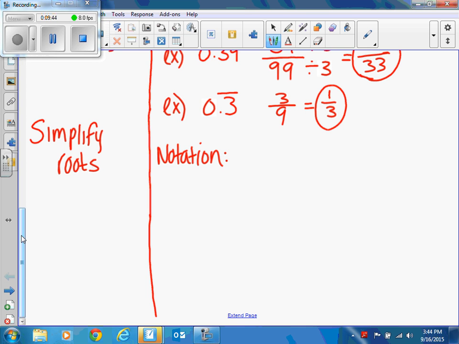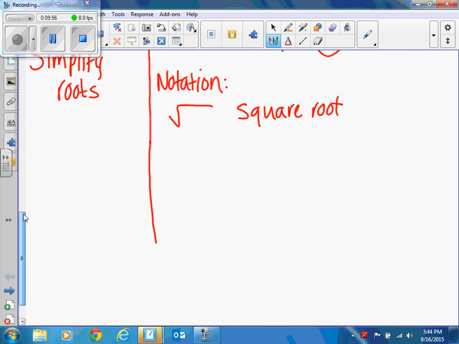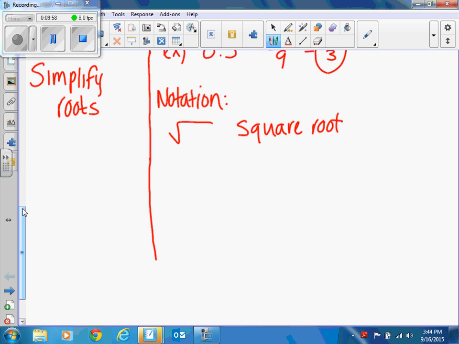So most of you I'm sure have seen this sign, and that is the square root sign, right? Again, that should be a review. But now we also are going to introduce this, and that is the cube root.